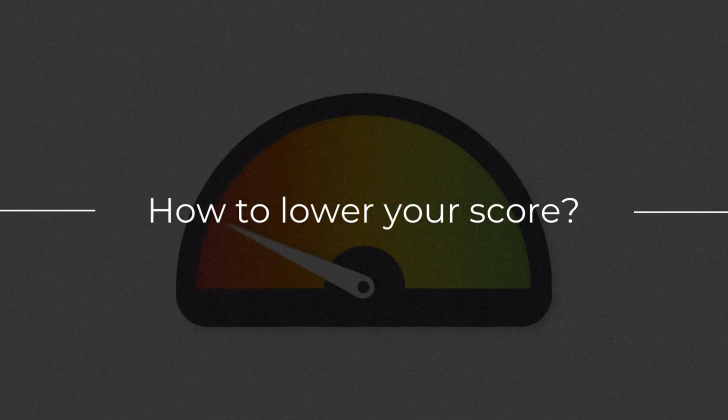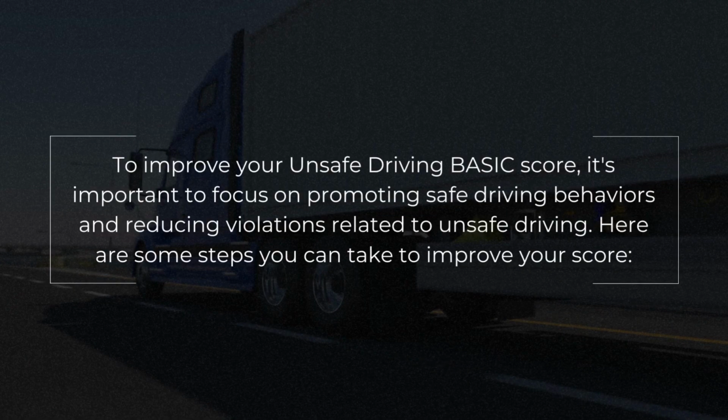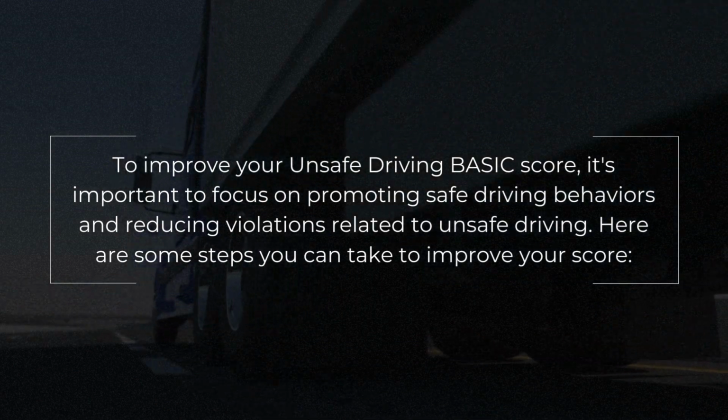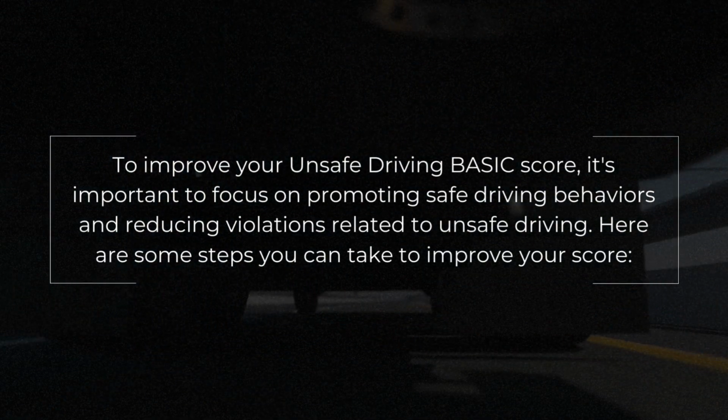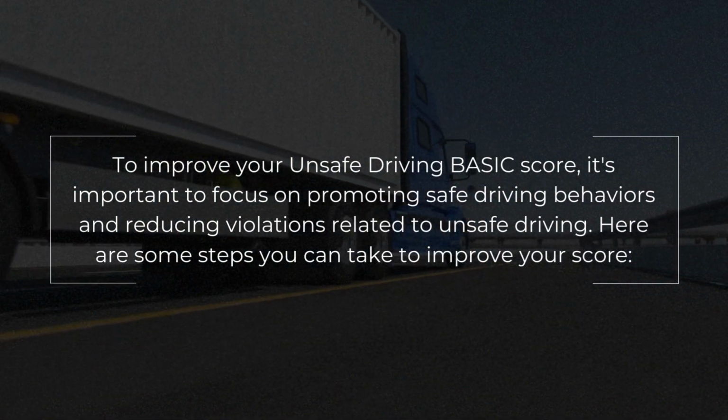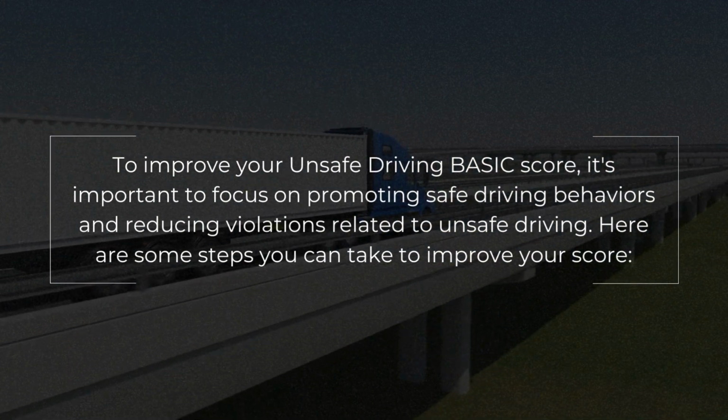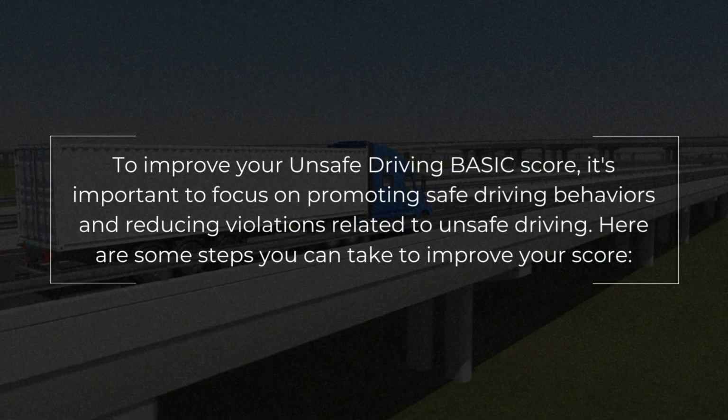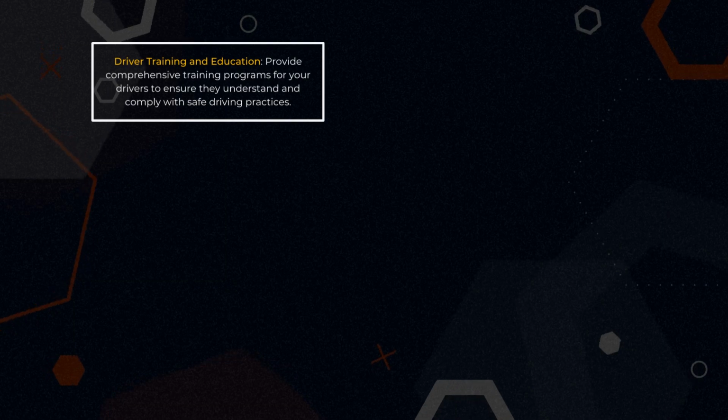How to lower your score. To improve your Unsafe Driving Basic score, it's important to focus on promoting safe driving behaviors and reducing violations related to unsafe driving. Here are some steps you can take to improve your score. Driver training and education.